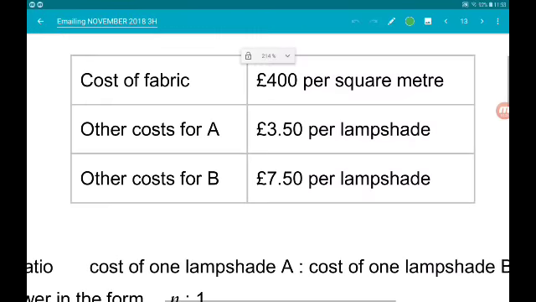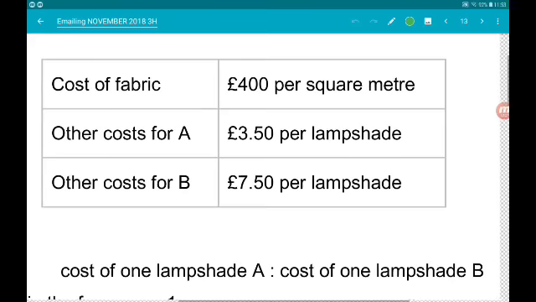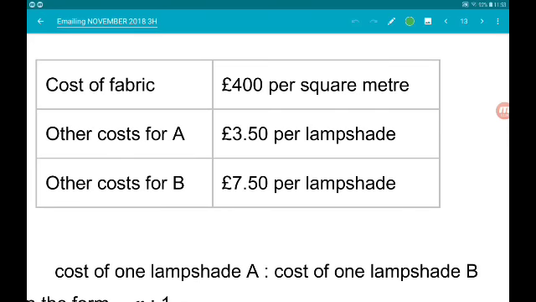First thing to notice is the cost of fabric is £400 per square metre. So that means we're going to want to convert our measurements, our lengths, into metres, because they are currently in centimetres.